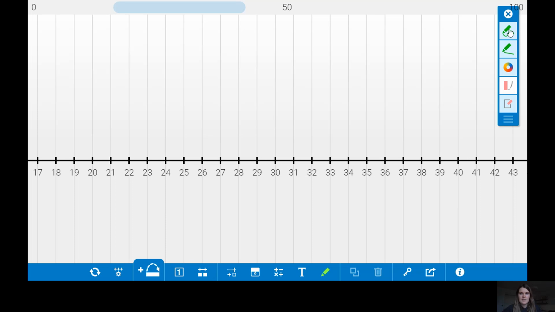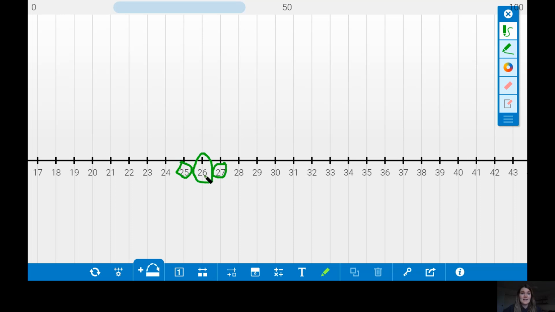First thing we do is circle our number. There it is. What two numbers is 26 between? What two numbers are on its left and its right? Well done, 25 and 27.